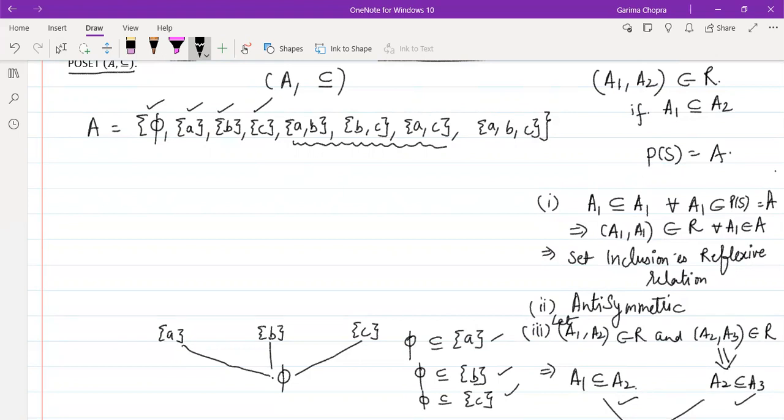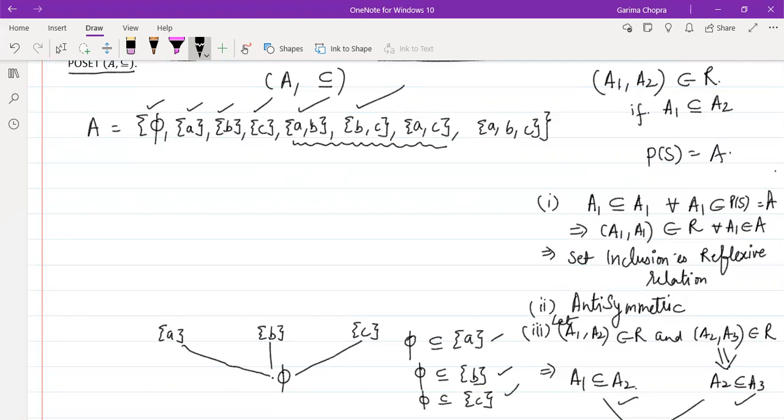If we consider any 2 sets from these 3 sets, then it can be seen here that they are not comparable. If I take this set having 2 elements A, B, and I consider this set having 2 elements B, C, then the set {A, B} is not a subset of the set {B, C}, and vice versa also.